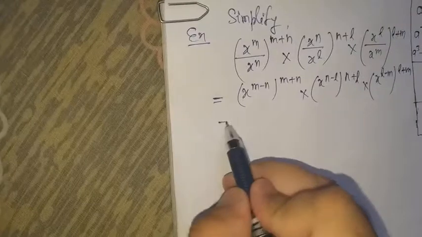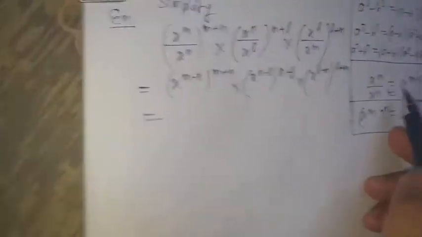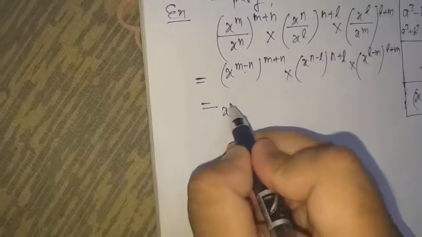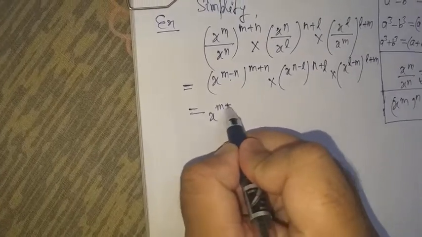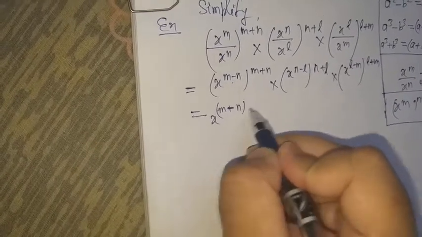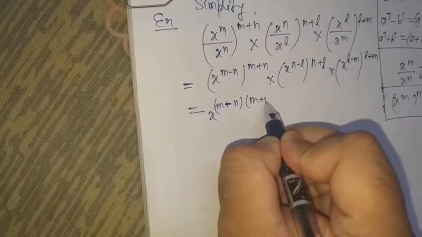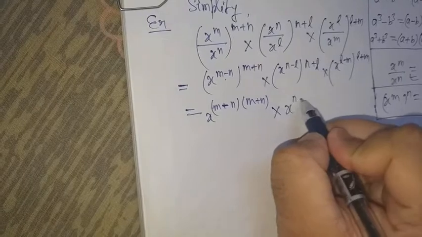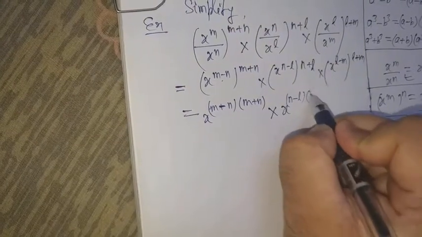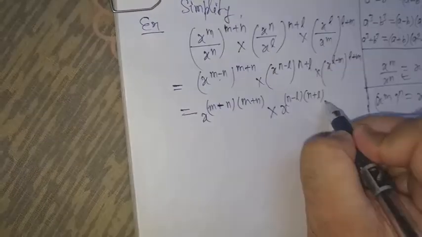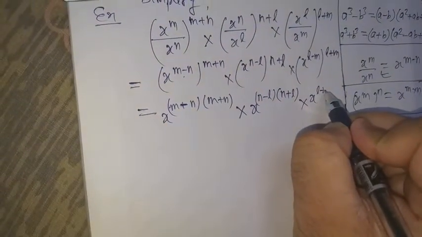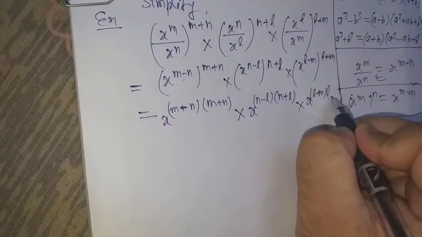Now see, if it is power to the power, then the powers will be multiplied. So just multiply: x to the power (m minus n) into (m plus n), into x to the power (n minus l) into (n plus l), into x to the power (l minus m) into (l plus m).